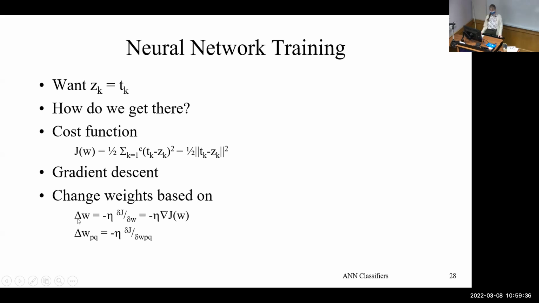In the gradient descent, we change our weights by our step size. And there's that derivative, the gradient, about how much our cost is relative to what we're trying to find the value for, which is our weights. And we write that gradient with an upside down triangle symbol.